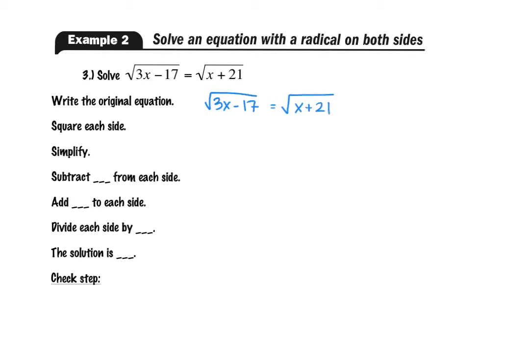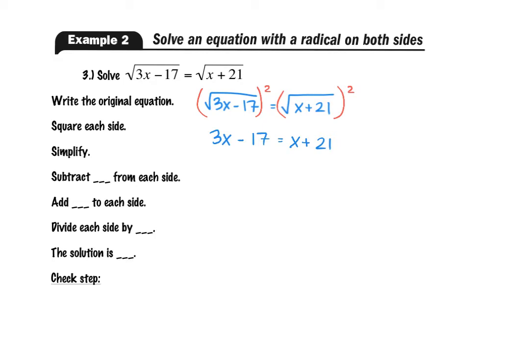And because I have a radical sign on each side, I need to get rid of that on both sides. And so the way I'm going to do that is by squaring both sides. Because again, whatever I do to one side, if I do it to the other, it will stay equal. So then this would just be 3x minus 17 equals x plus 21. By squaring it, we got rid of the radical sign on each side.